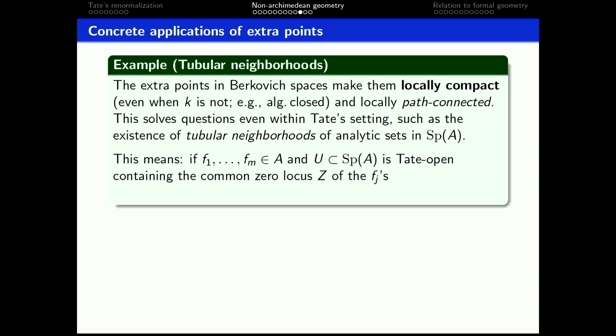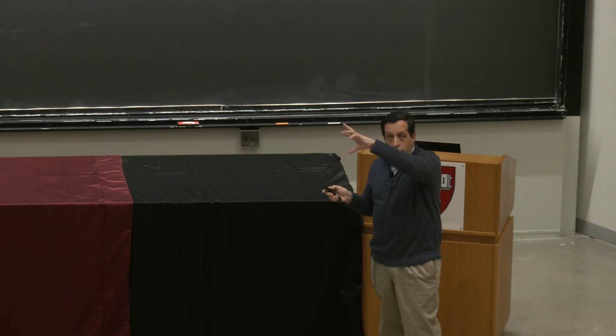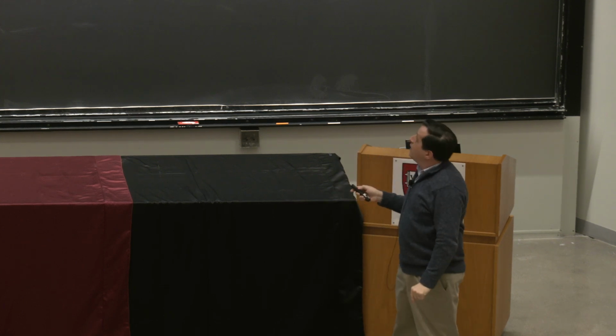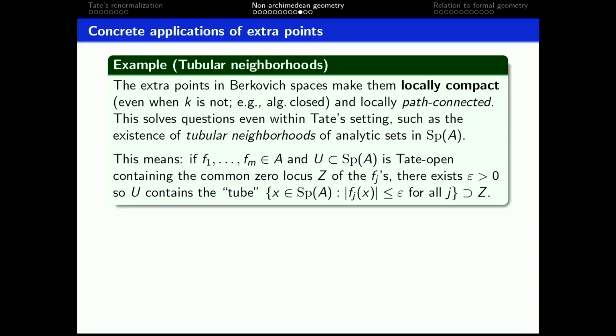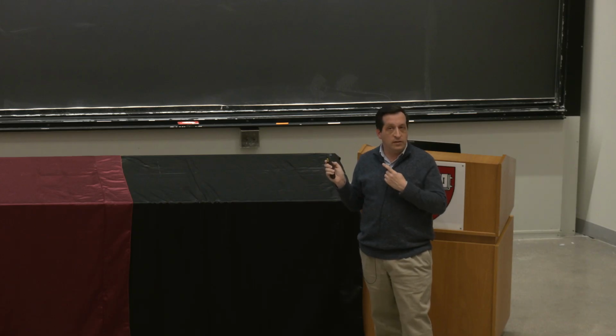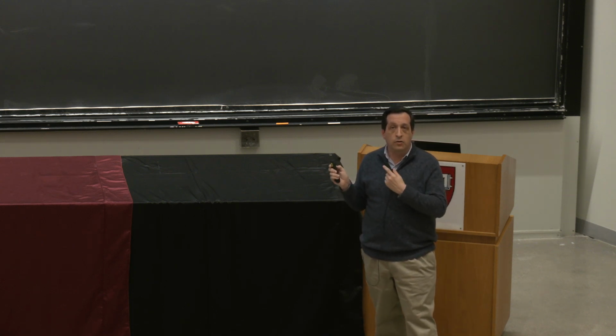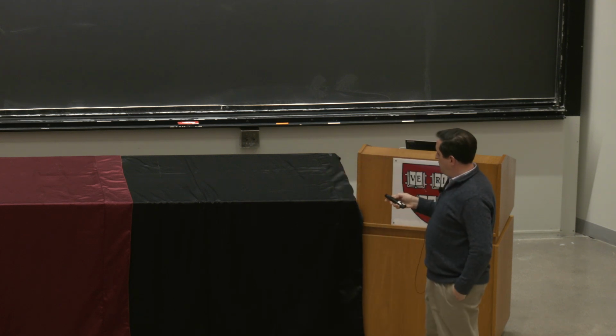For example, if I give you several functions in an affinoid algebra, and you consider their common zero locus, and take an open set U around that, you would like to hope, if this space is somehow compact, that U should contain some tube on which the functions have absolute value at most some given epsilon, if epsilon is really small. This can be shown by using Berkovich spaces, even though it's a statement in the Tate setting. I'm not aware of any direct proof of this using the Tate approach alone. So that's a very concrete question which you can solve by using these richer spaces.